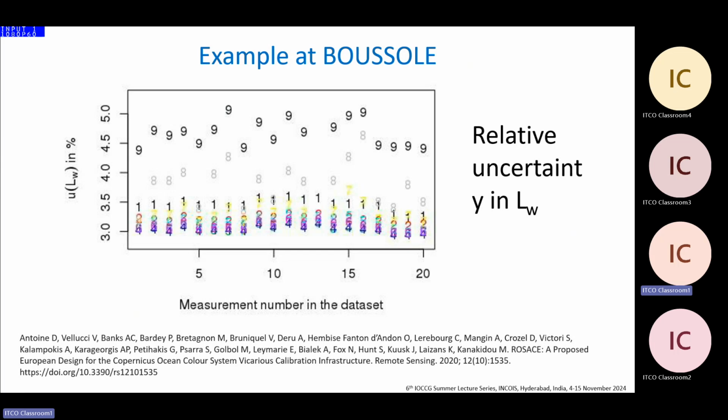And they vary because the sun zenith angle is not the same, the chlorophyll concentration is not the same, and so on. So all these individual uncertainties are different.